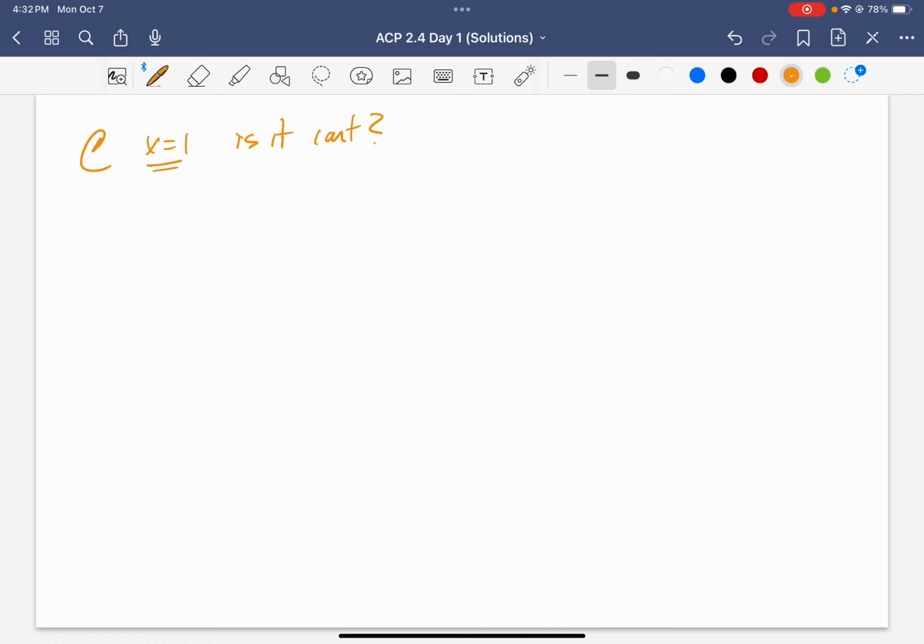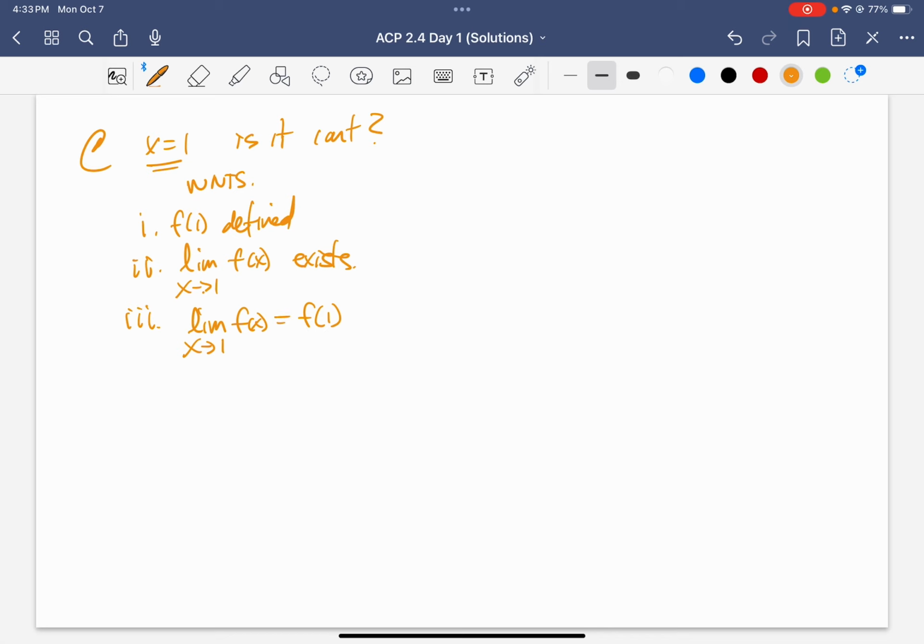But is it continuous at 1? Well, we would need to show, number 1, that f of 1 is defined. Number 2, the limit as x goes to 1 of f of x exists, and number 3, that the limit and the function value are the same thing. And so now I'm going to check. So look at number 1.